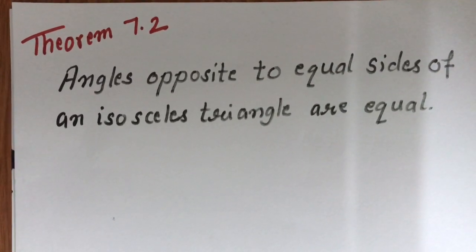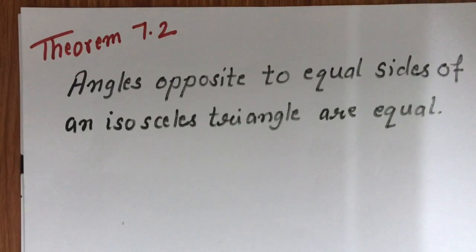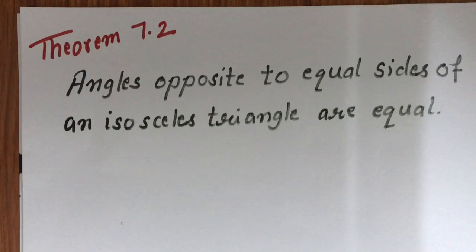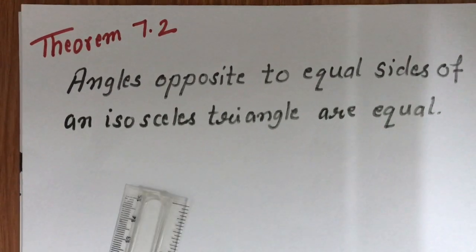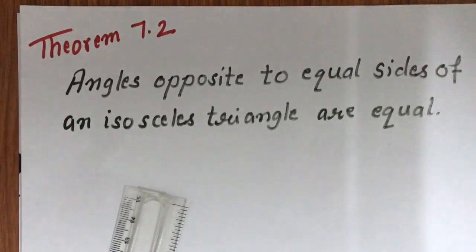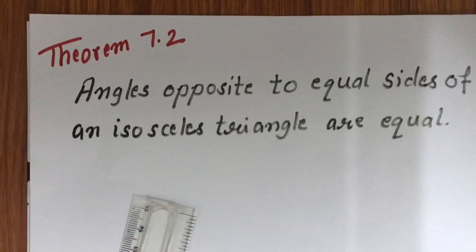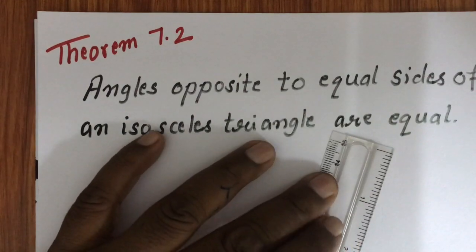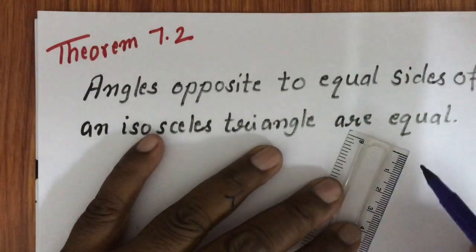Now we shall prove this as a theorem. Understand? So first of all, as the theorem is saying, angles opposite to equal sides of an isosceles triangle are equal. So I am drawing an isosceles triangle.